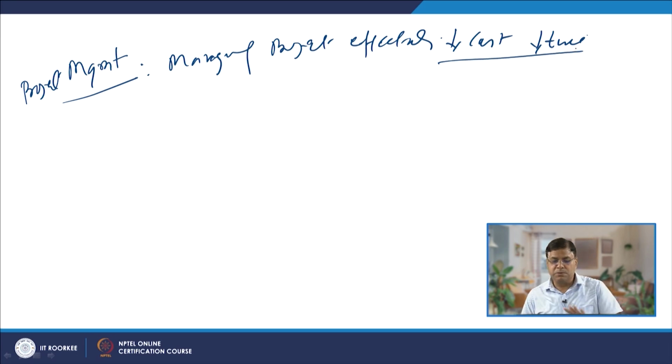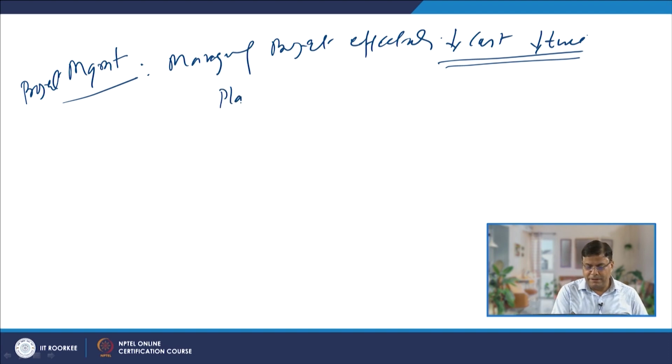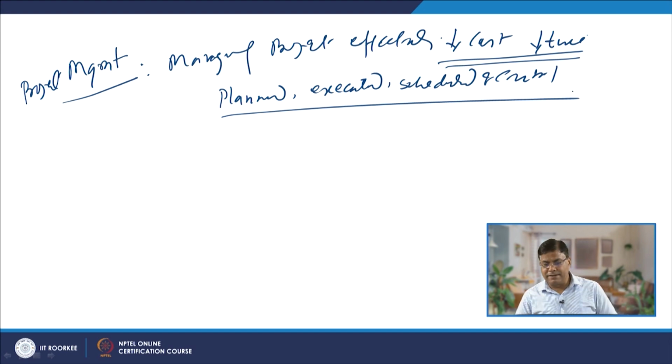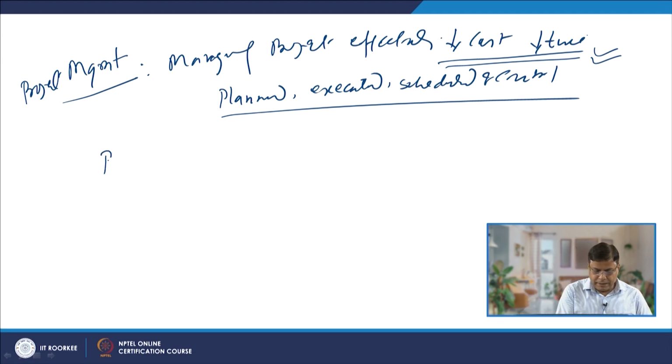These are the two performance parameters. So, how should it be done so that it is effectively planned, executed, properly scheduled and controlled, so that all the activities are done systematically in the minimum possible time using the minimum possible resources. This is what we do under project management.